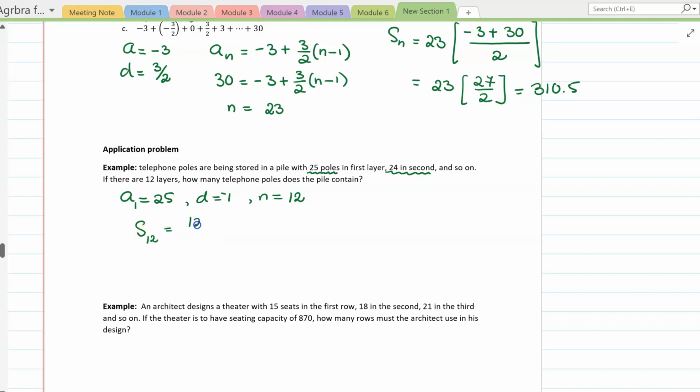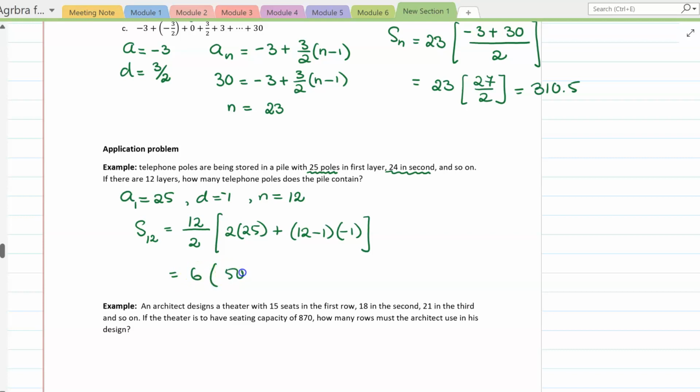That is 12 divided by 2, and that is 6 times 50 plus 11 times -1. And that is 230 poles in that pile total.